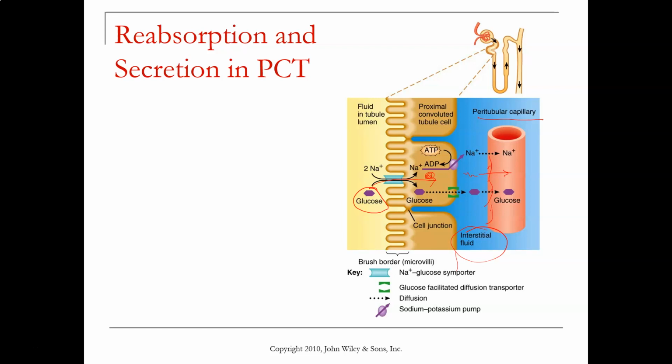The peritubular capillaries will eventually leave through the renal vein, and you'll have reabsorbed that glucose. Secretion would be the exact opposite direction. You'd move something out of your peritubular capillaries through the endothelial wall, and then in through one of the epithelial cells forming the wall of the kidney tubule.